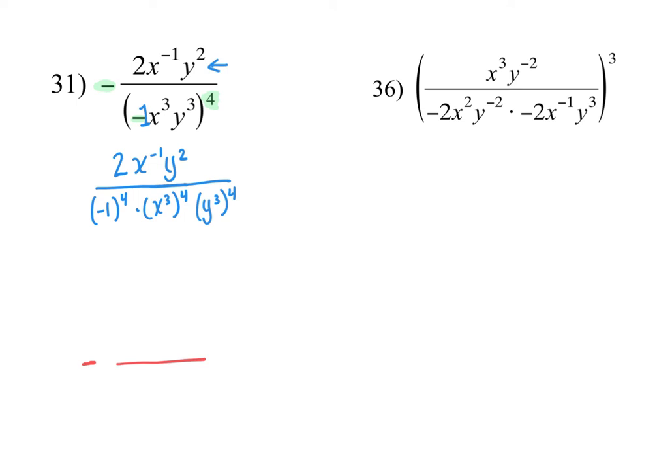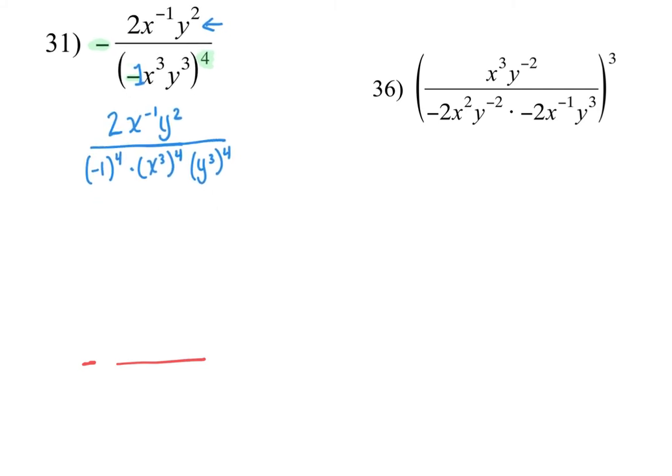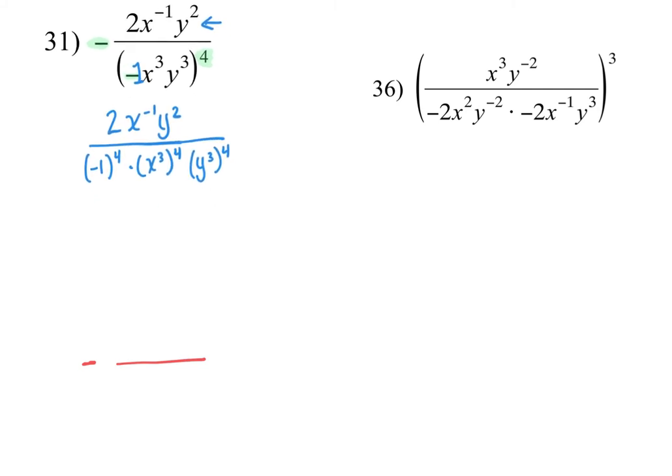And so when I simplify this one, again, I'm going to leave that numerator alone just for a minute. Negative 1 to the 4th power becomes positive 1, right? What do I do here? X cubed to the 4th. What do I do with those? Cubed to the 4th.